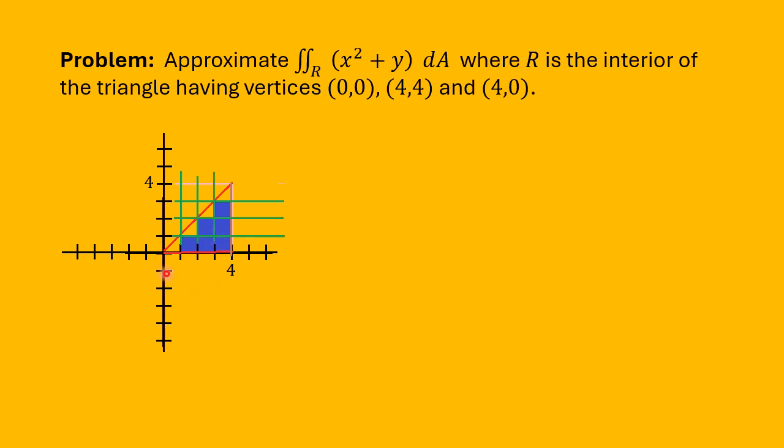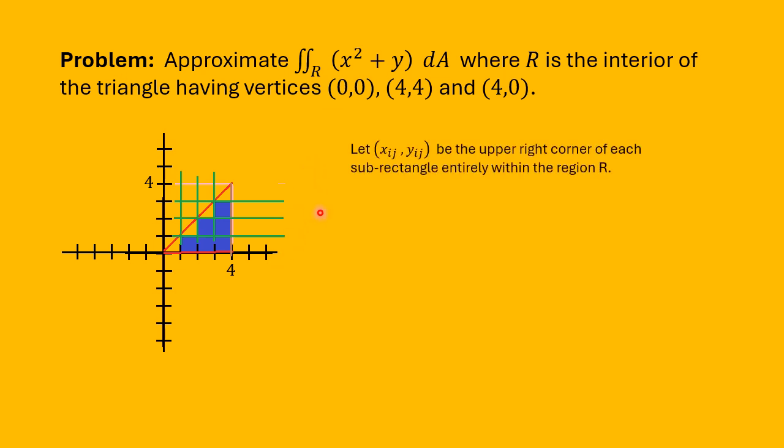Probably we should also mention we have x equals 0 and y equals 0 in our partition. So we want a Riemann sum using this partition. Each of these little subrectangles has area 1. It's a 1 by 1 square. Each subrectangle is a square.